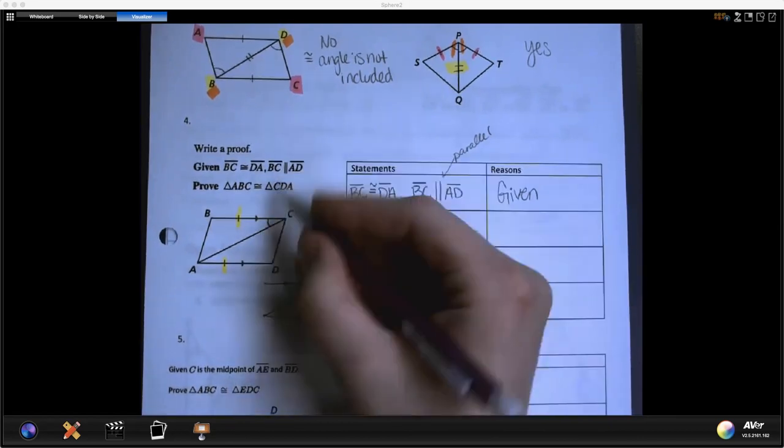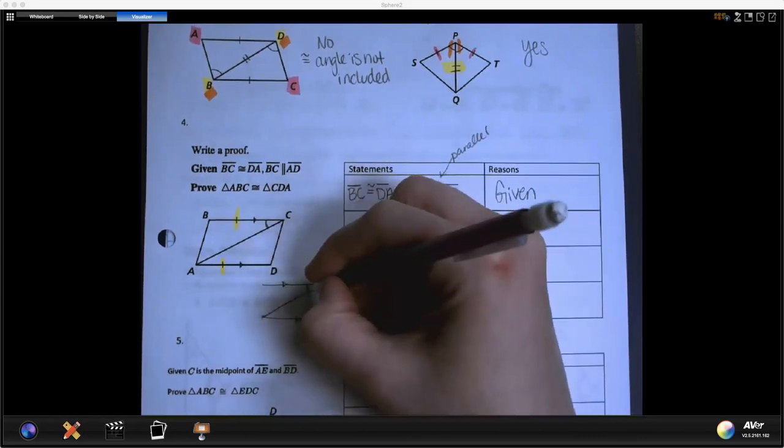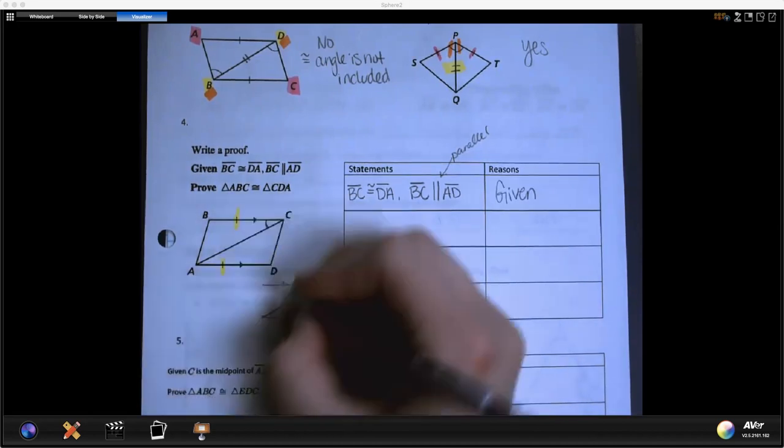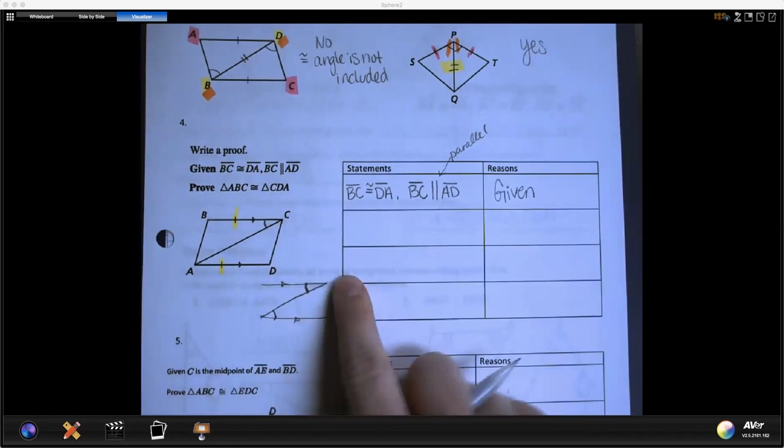So if this angle appears, what angle would go with this one in between parallel lines? Which one would match it, Jason? Not ABC. Nope. A what? No. Yep. DAC, yeah. DAC, this angle down here. This is my transversal.